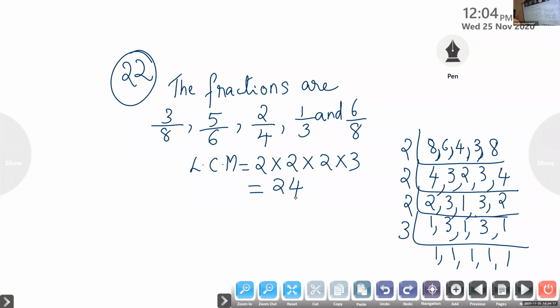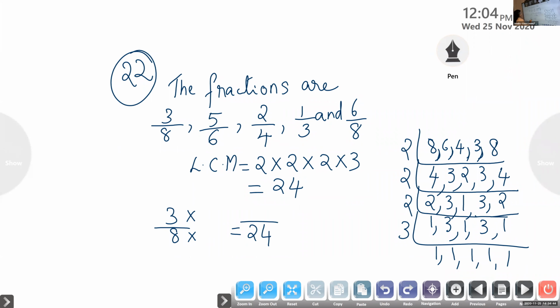Okay, now children, what do you have to do? 3 by 8, check by which number you have to multiply to get the denominator 24. Find out like this, with the same denominator, multiply and find out the equivalent fractions. Children, do it alone. We have to make 24.